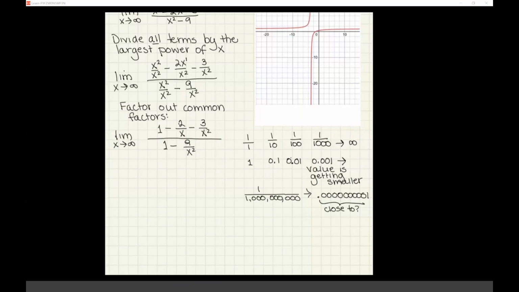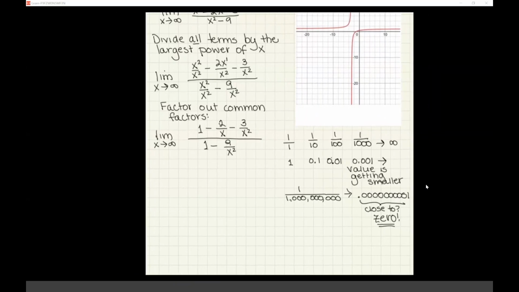What is it close to, folks? Not a trick question. Close to 0. Yes? This number is 1/1 billionth. Super tiny. So as my denominator gets huge, that is, approaches infinity, the fraction approaches 0.